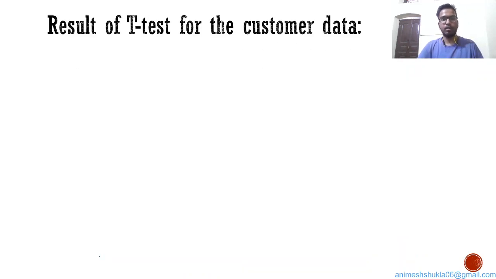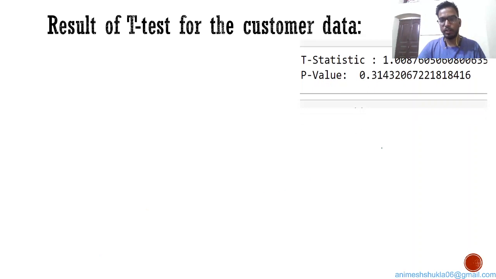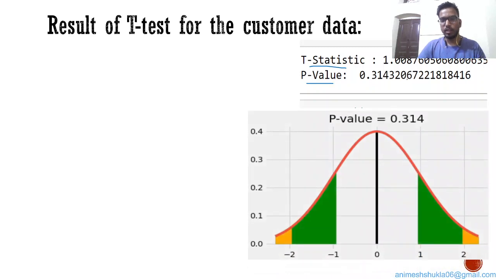So now I'll be interpreting results for our data, and this seems to be our data, right? Based upon the average bank balance of males and the average bank balance of females, we have got a t-statistic and the p-value. The p-value here is 0.314.